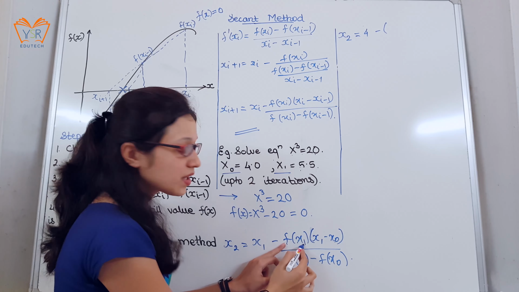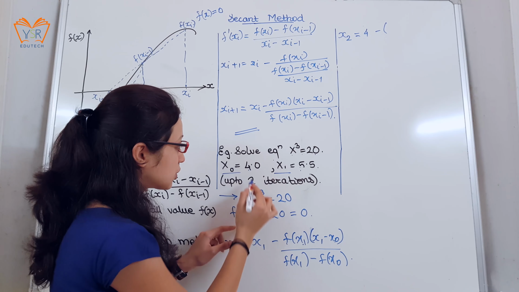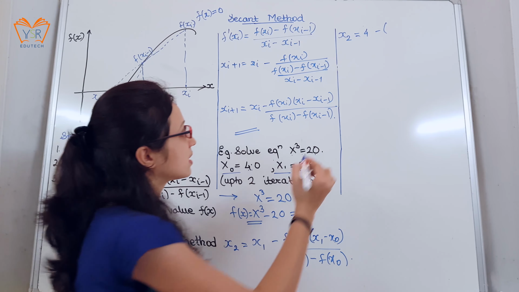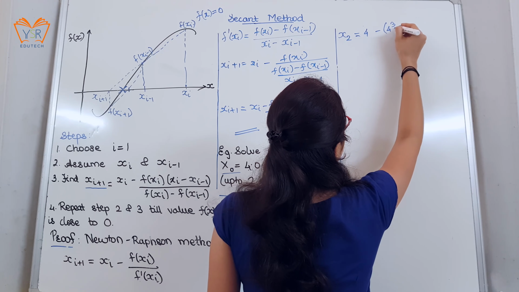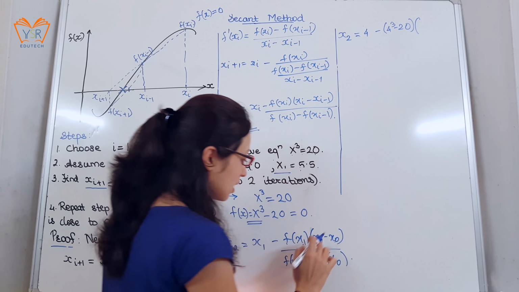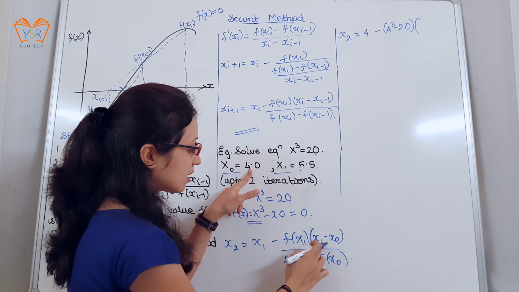Now f of x1 is 5.5. Substitute this 5.5 in this equation. We will get 5.5 cube minus 20. x1 is 5.5, x0 is 4.